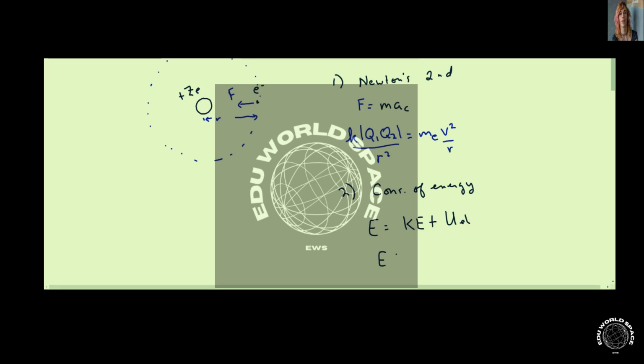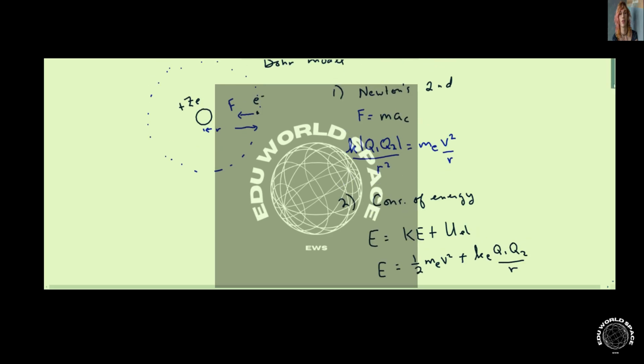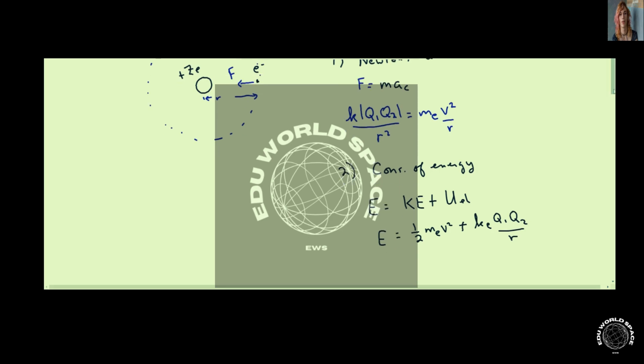So we can expand the kinetic energy as 1/2 m_e v squared, and the electric potential is negative with the two charges in place over r. And notice, whoops, that should be positive. I'm already foreshadowing that one of those charges is negative and the other is positive. But we don't want the absolute value because the sign really matters, whereas in the force, the sign goes with the direction.